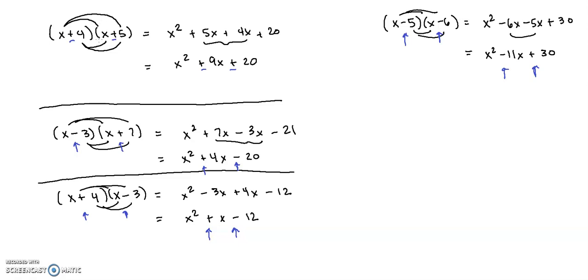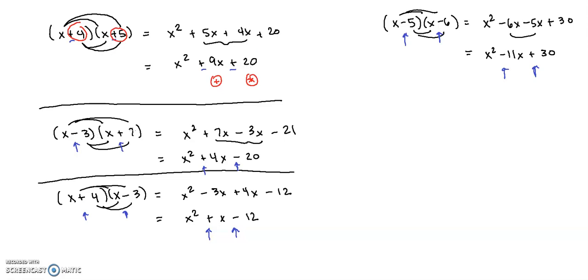All right, another thing to notice is that these two numbers, actually I need to include the sign. Okay, so plus 4 plus 5, they multiply to give us this number. Let me do a little star for multiplication. Okay, they multiply to give us this number, they add to give us this number. So 4 plus 5 is 9, 4 times 5 is 20, and we see that up here.